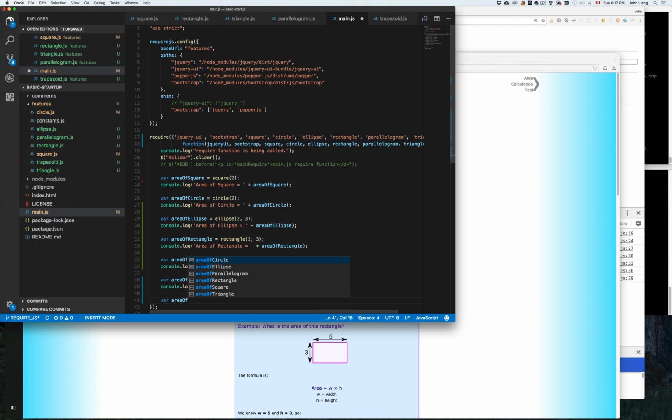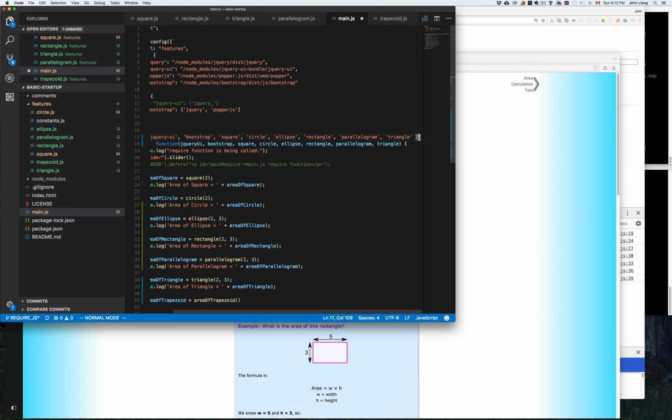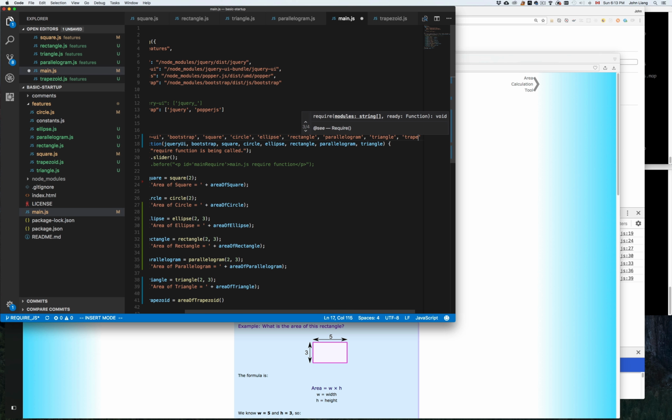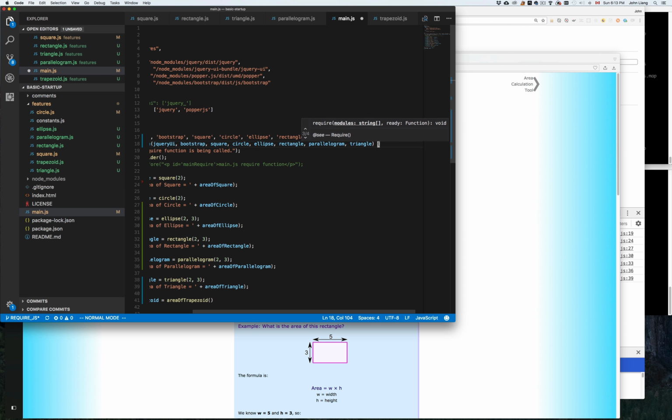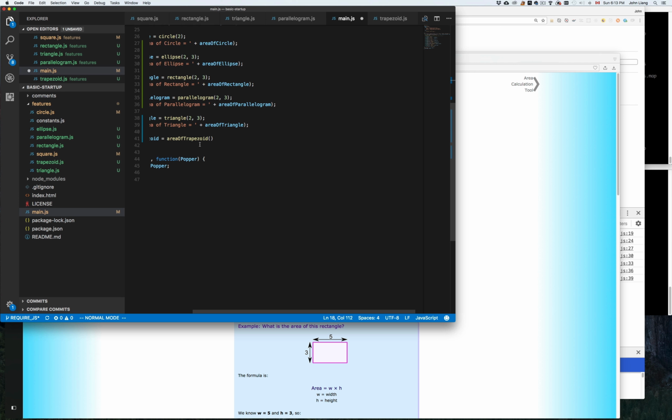Area of trapezoid goes to trapezoid. Oops. Let's put in trapezoid. All right. Okay. Let's go back down. Copy that. Paste it.